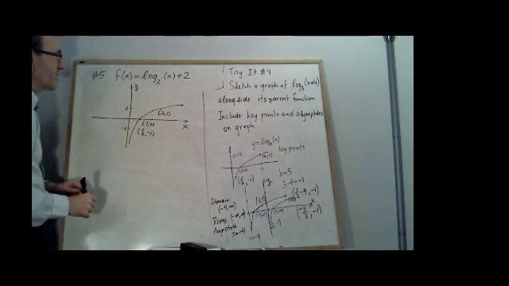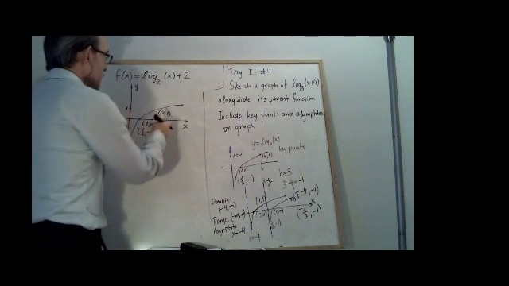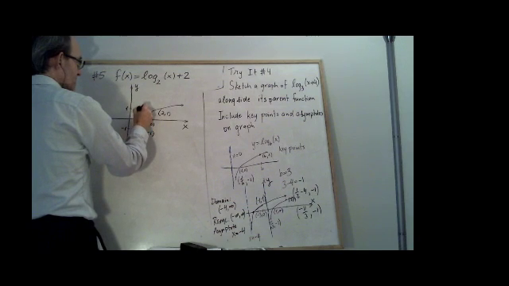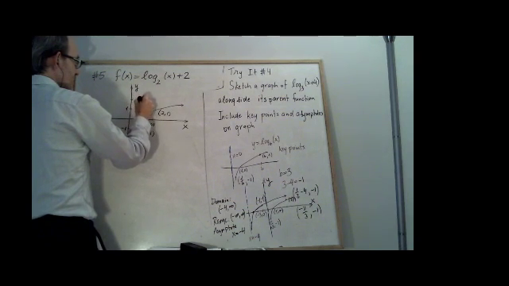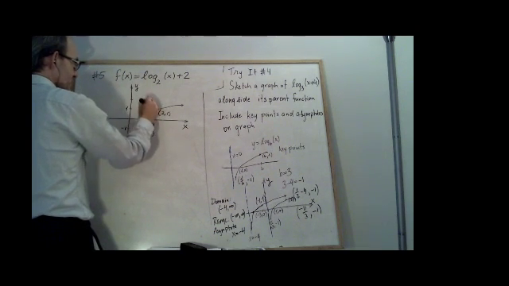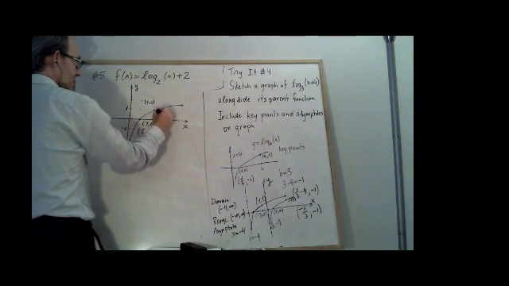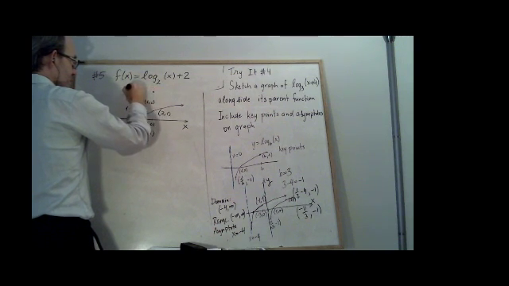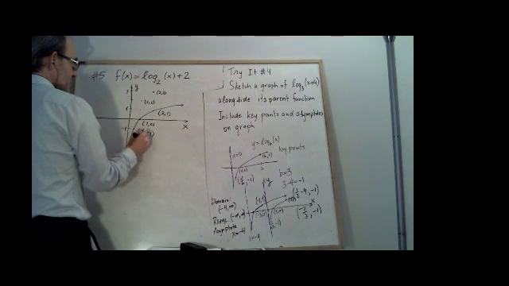So that's the parent function of this graph, and then you shift it up by 2 in the vertical direction by adding 2 there. So this key point goes over to this one, which is 2, 0. This one, just add 2 to the y, and it should be 1, 2. This should go up to 2, 3. And this point over here goes up to 1/2, 1.